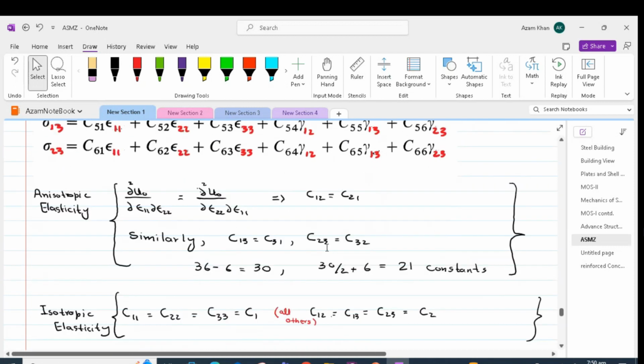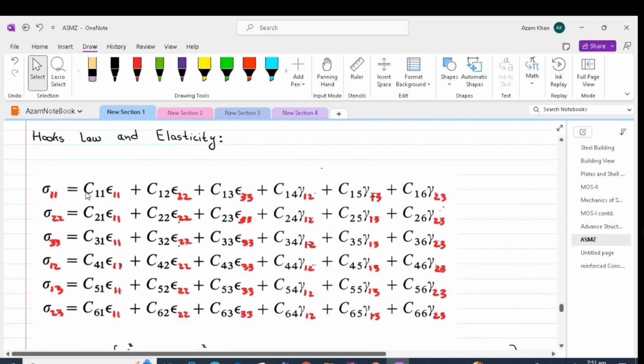We can repeat that exercise and find that C13 is equal to C31, C23 is equal to C32, and so on and so forth. Thus, in other words, all the constants which are above the diagonal are equal to the constants which are below the diagonal.